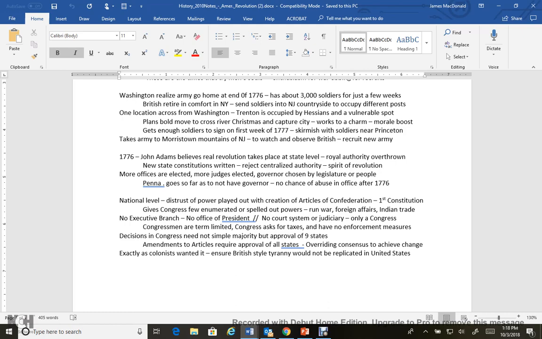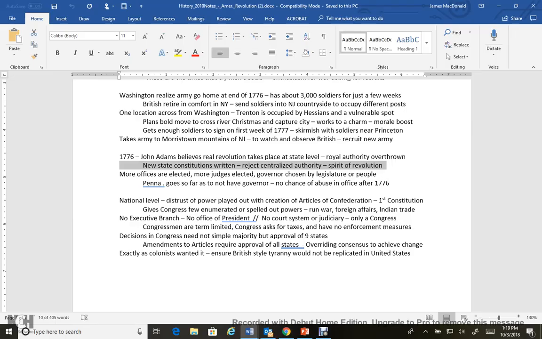When these colonies become independent, they are states, and the Congress tells these different states it's time to write new state constitutions. Just like the government at the central level would have a constitution written during the Revolution, the states would be the same. And we mention this in some detail because of the theme in these state constitutions.